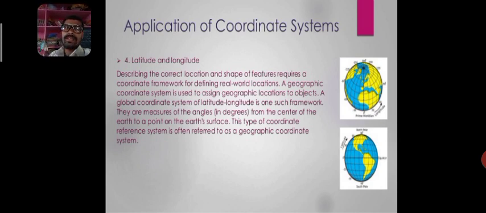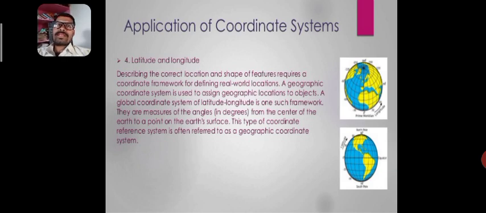They are measured as angles in degrees from the center of the earth to a point on the earth's surface. You may also see that earth's gravity increases when we move from the equator to the polar region.